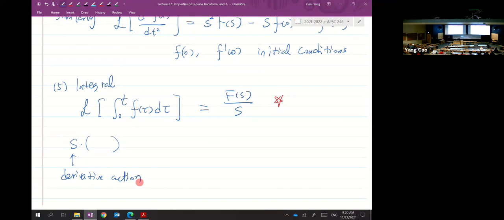Then of course s squared will be a second order derivative action. That's how it goes up with order. Then 1 over s, when you multiply by 1 over s, that means I must have an integration action. So this is an integration action.